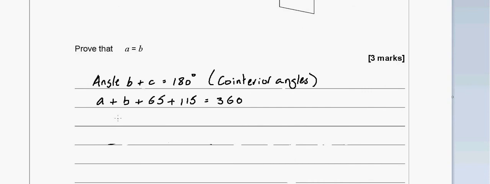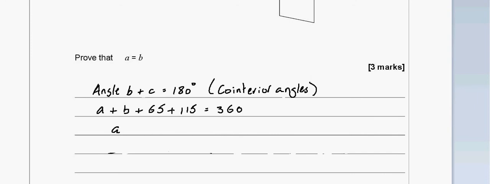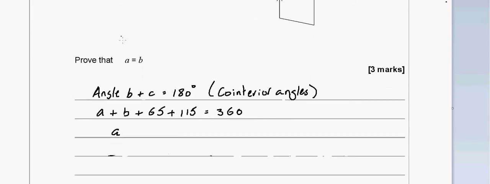So we can say that A plus C plus 65 plus that equals 360. So we can say A plus C plus, now 65 plus 115 is 180 degrees, equals 360.